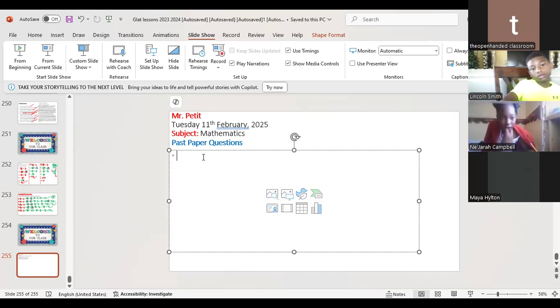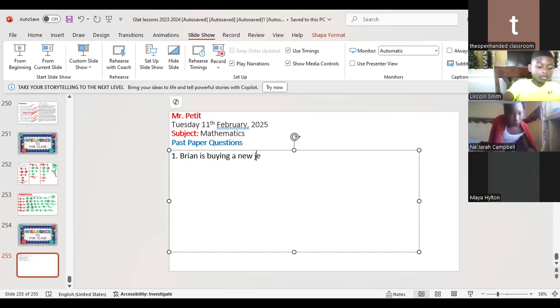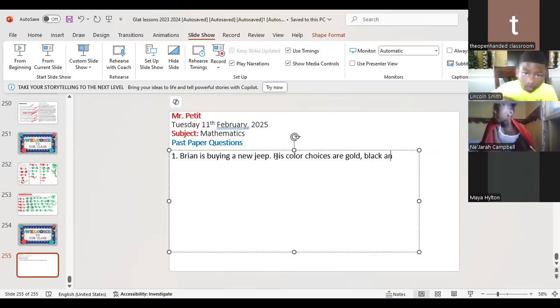All right, so this next question says, Brian, write this down for me, please. Brian is buying a new Jeep. His color choices are gold, black, green, or silver.